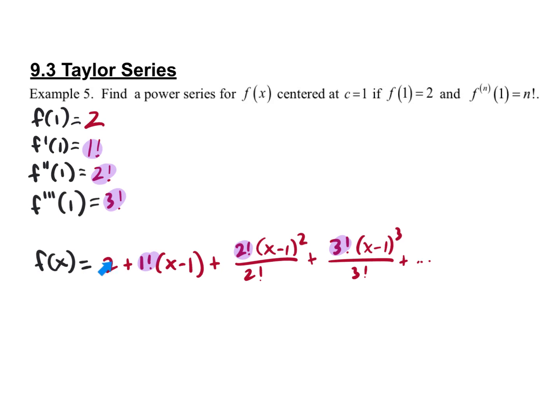Normally this is a 1, and I can't multiply the whole thing by 2 because they're not all multiplied by 2. So what you can do is isolate it and write a power series for that, and then tack a 2 on. You're allowed to do that.